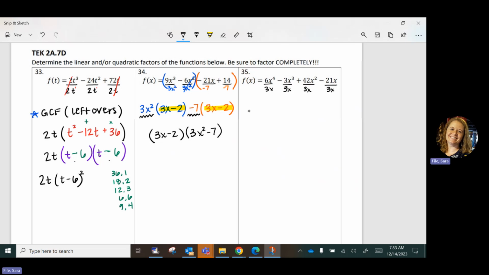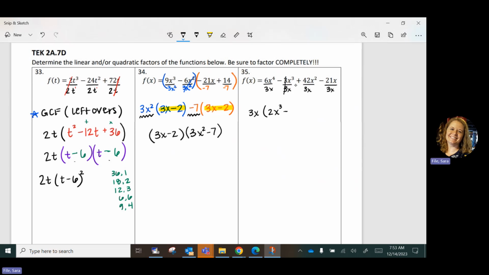If I divide out a 3x, that's my GCF. I'm going to put my leftovers in parentheses. What's 6 divided by 3? And what's x to the 4th divided by x? X cubed, good. And then minus, and then 3 divided by 3 is just a 1, right?